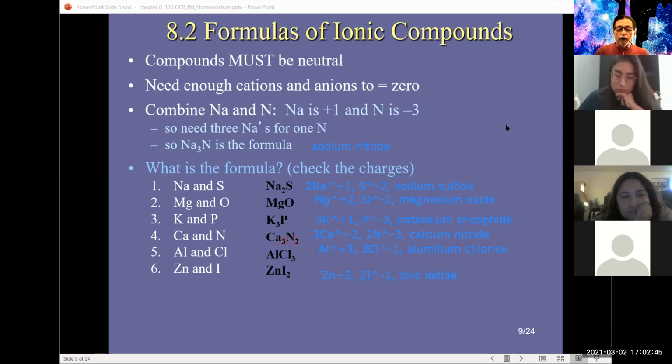Now, at this point, if you think about it, I can interchange all the anions and the cations. So I got 6 entries, and so I can make 6. I can go sodium sulfide like we did, but I can go sodium oxide, sodium phosphide, sodium nitride, sodium chloride, sodium iodide. That's 6 combinations, okay? And then I can do the other, I can go magnesium sulfide, magnesium phosphide.